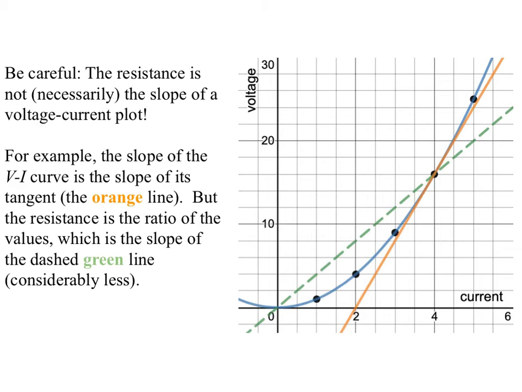You can see the illustration here that I've mocked up, a voltage-current plot like this, and the slope of the VI curve is of course the slope of the tangent. But that's not the resistance. The resistance is this value of the voltage divided by this value of the current. And so it turns out to be graphically the slope of this dashed line, the line connecting it to the origin, which is clearly different. It's smaller. In fact, it's about half.